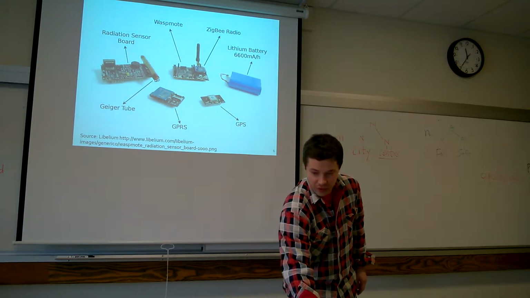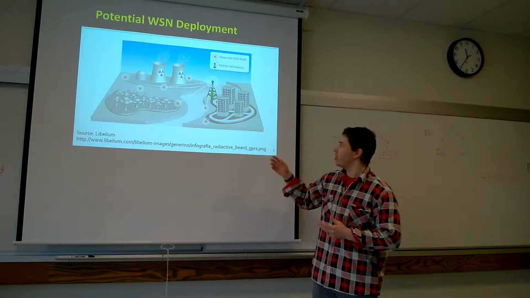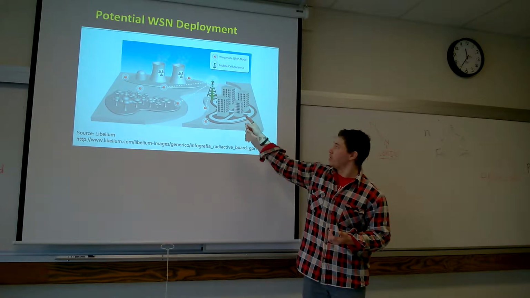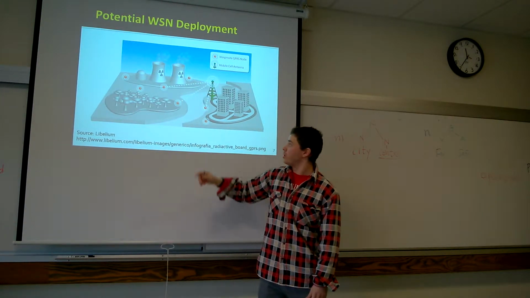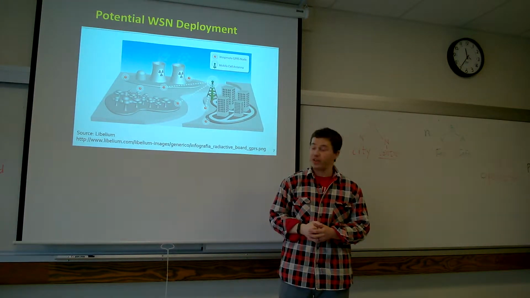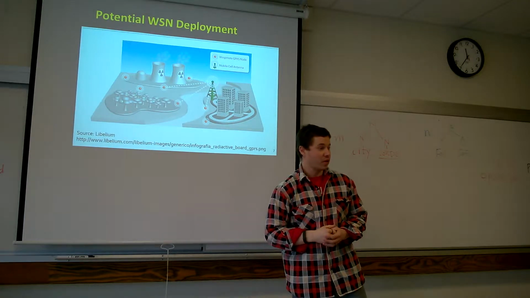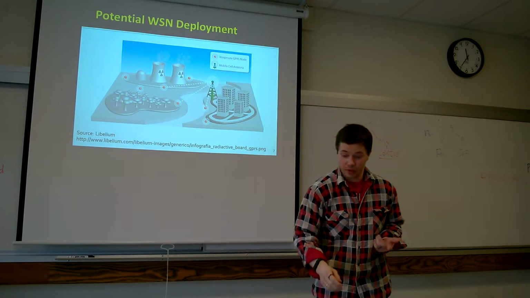Impressive. The typical deployment of such nodes would be as follows. This is the GPRS model. You have a cellular tower and a whole bunch of sensors that are measuring radioactivity, and they transmit the data to the cellular tower, and you can get the data.